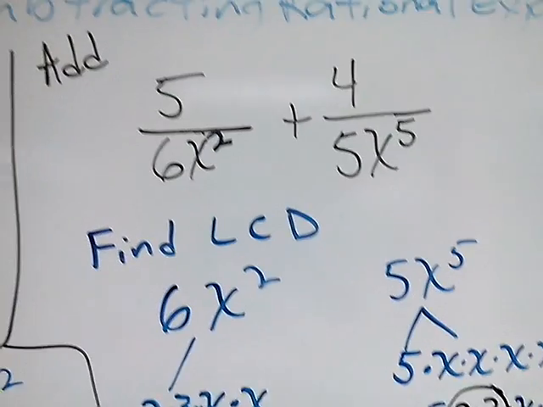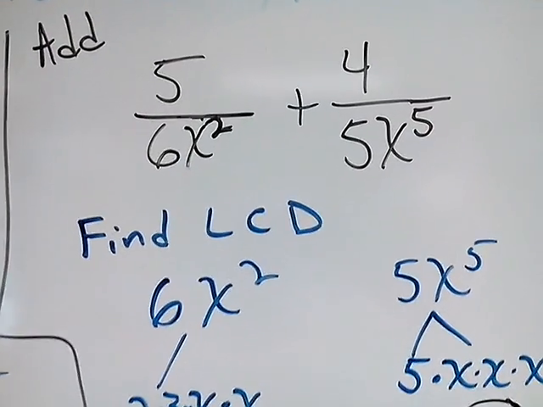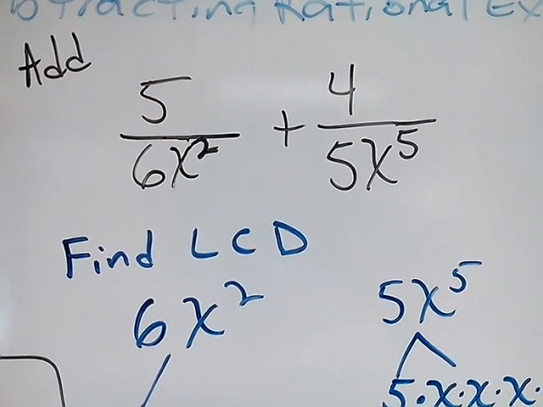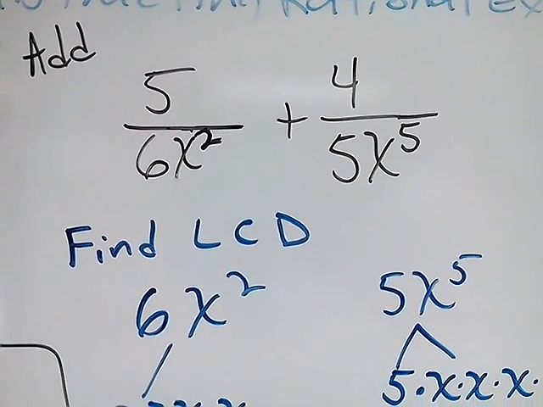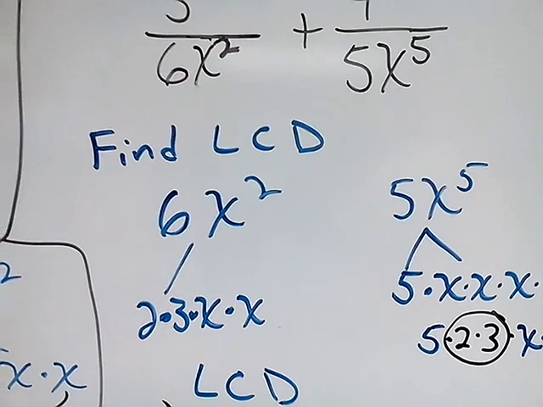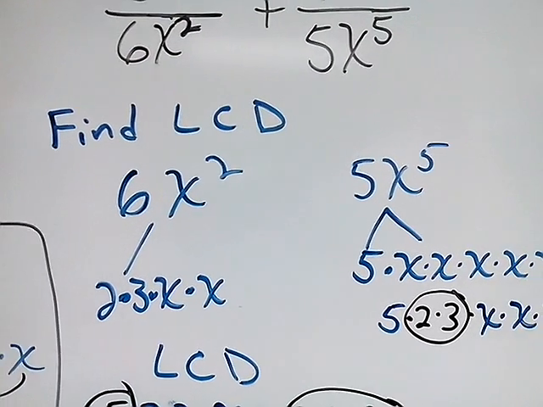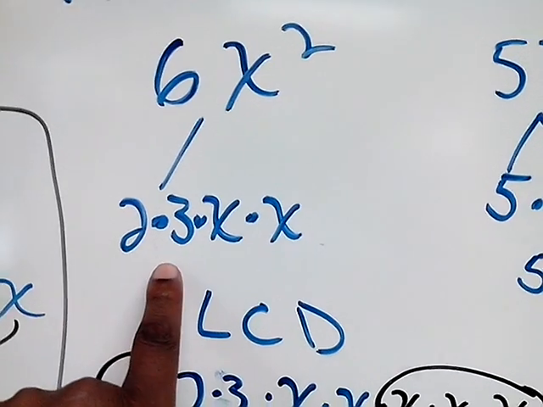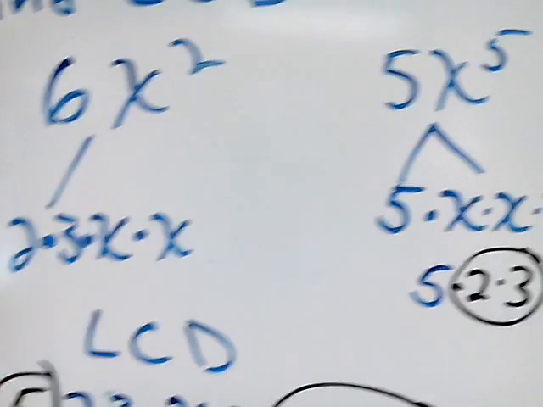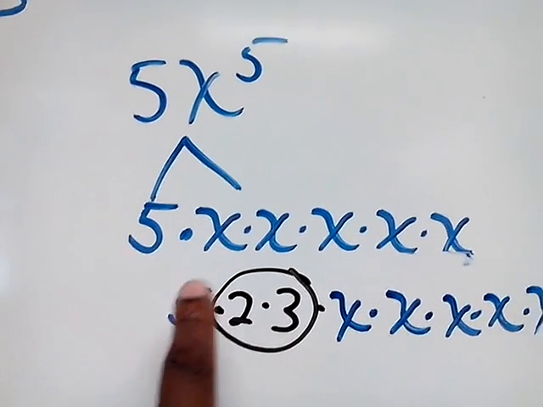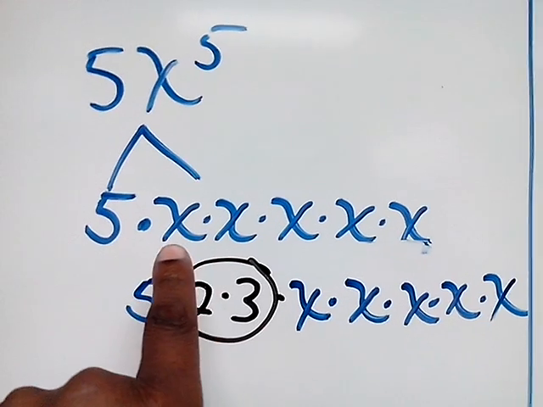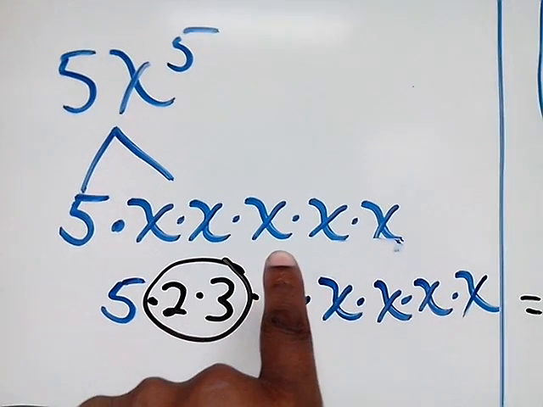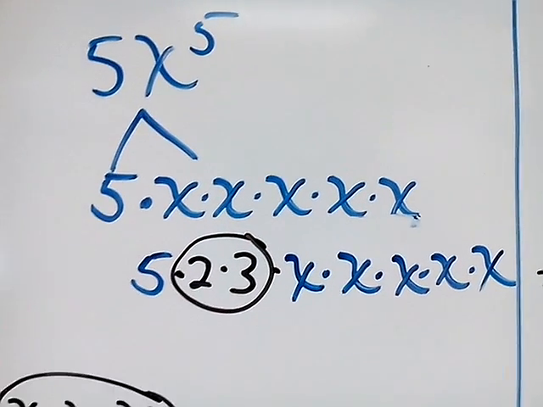In a similar example, we have 5 over 6x squared plus 4 over 5x to the 5th power. Again, finding our LCD, we factor into primes. So 6x squared factors into what we see here, and 5x to the 5th power factors into what we see here.